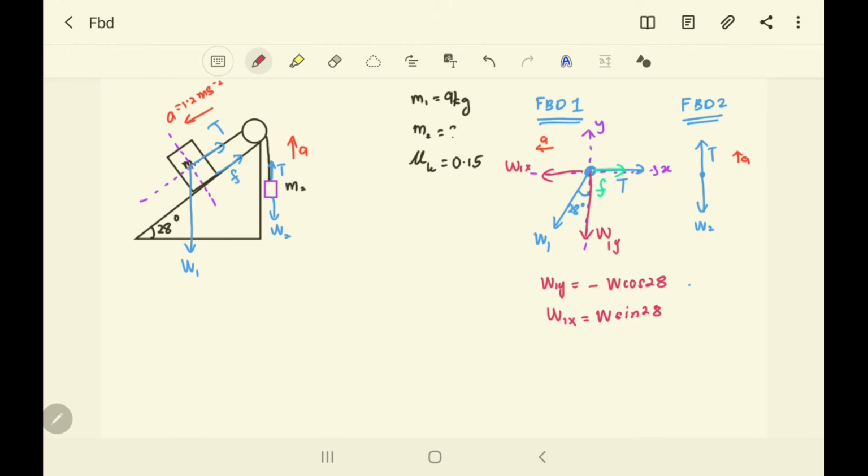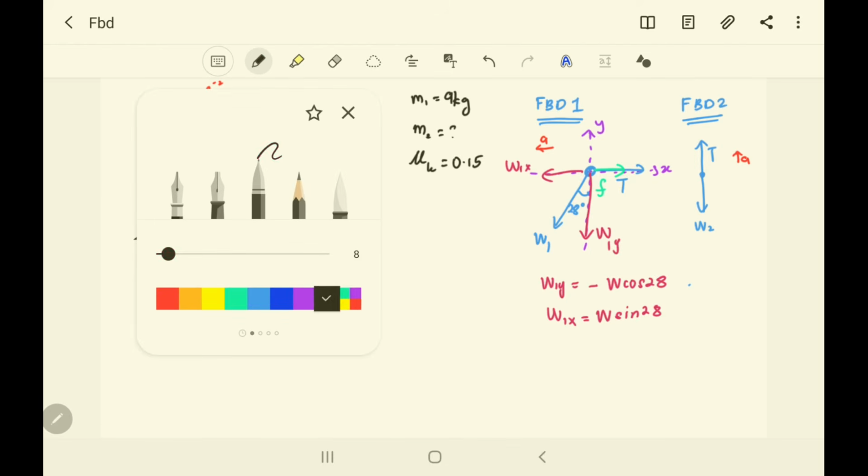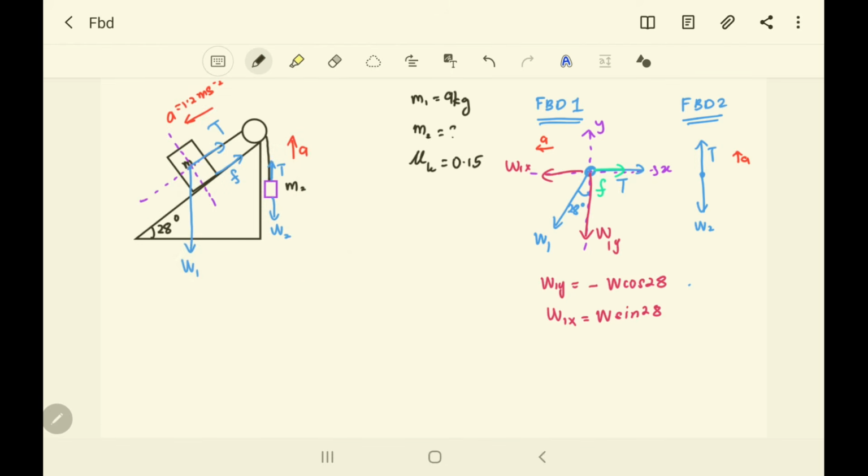Okay, so now let's start to construct two equations of x and y components. So now we have total Fx is equal to ma, not equal to 0, because the question gives us that the box is moving with an acceleration of 1.2 meter per second squared, and total Fy is equal to 0.